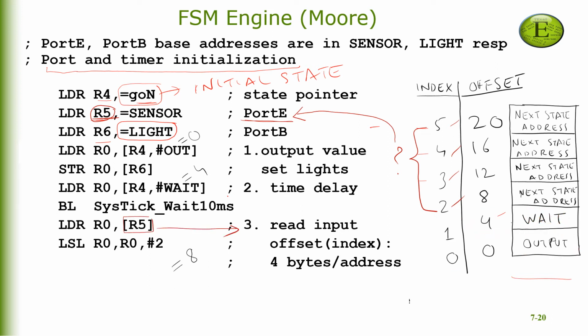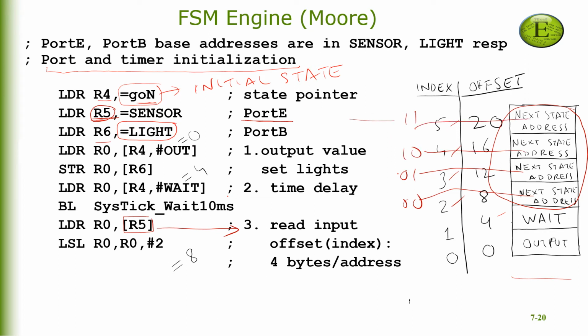We are now going to concentrate in this region. Then depending upon the input, we are going to select one of these. So this corresponds to 0 0, 0 1, 1 0, and 1 1. It depends what input is available on port E. Whatever input is available on port E, we're going to shift it with 2.